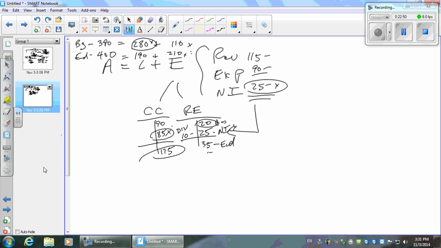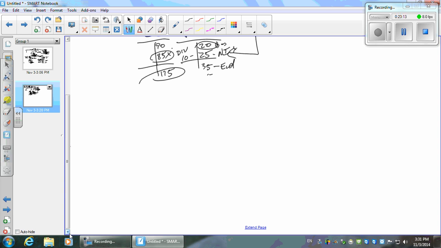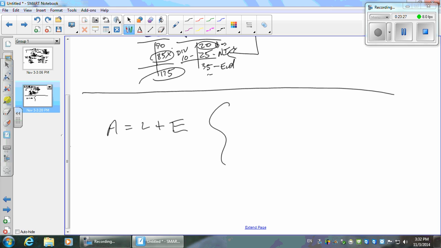Set it up exactly the same way, guys, right? Balance sheet, income statement.